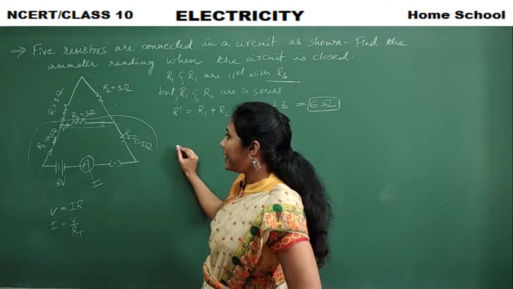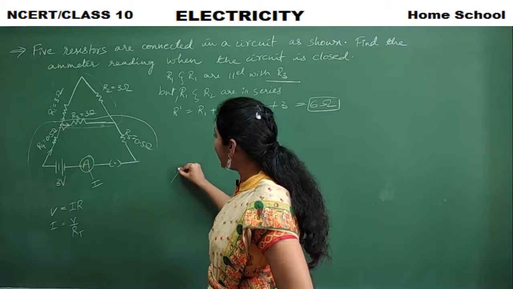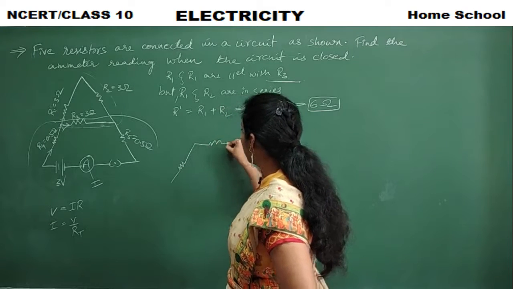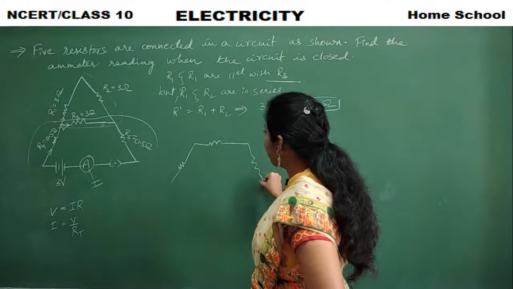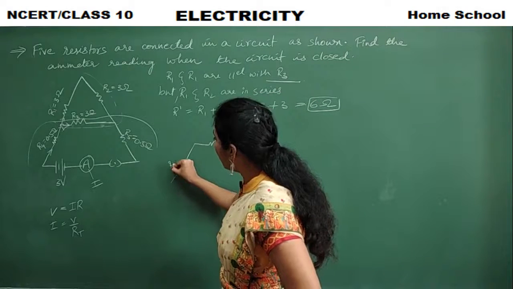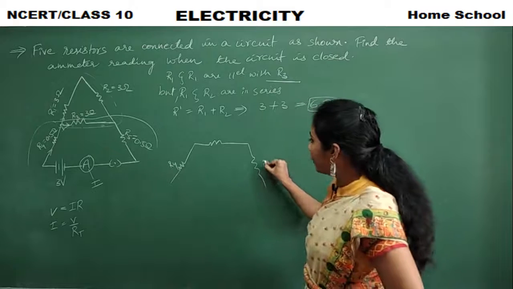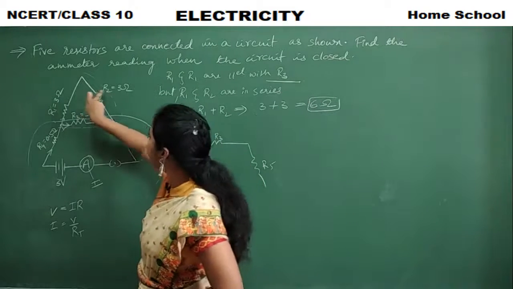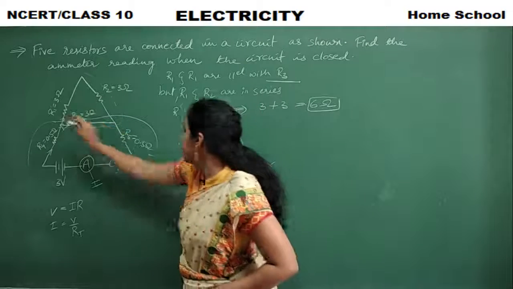I will rewrite the diagram once again here. So my diagram would be like this. And this is your R4. And this is your R5. And this is R3. And now I combined this with this because both are in series, no?